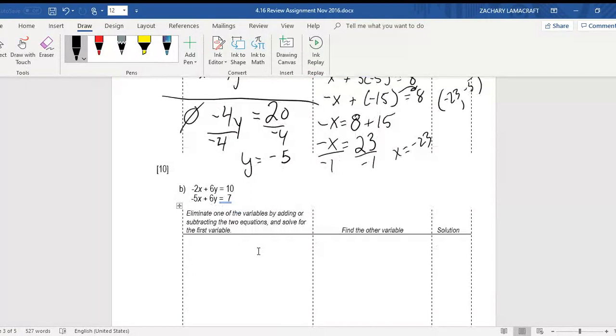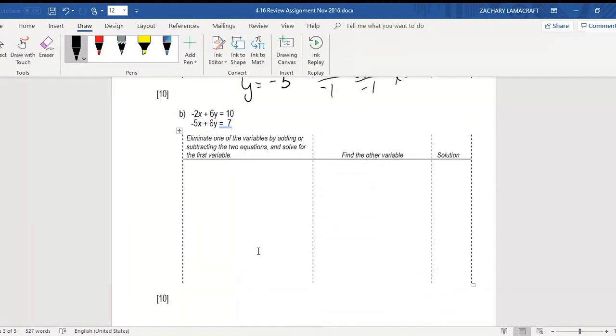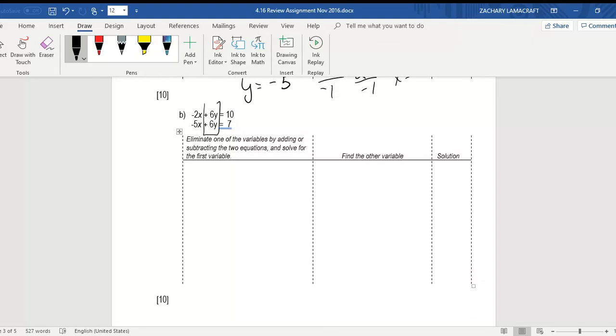All right, let's look at the next one, another elimination one. So in this case, we've got 6's. And since they're the same, we can subtract. So negative 2x plus 6y equals 10. Negative 5x plus 6y equals 7.